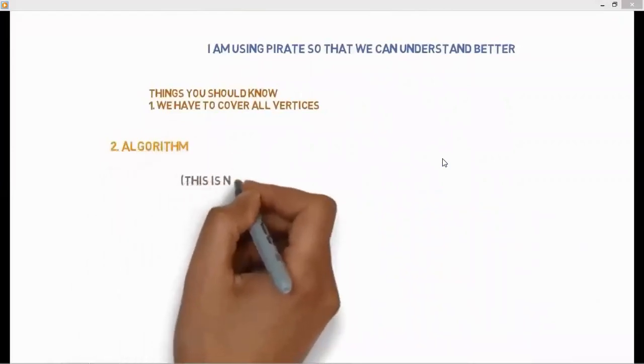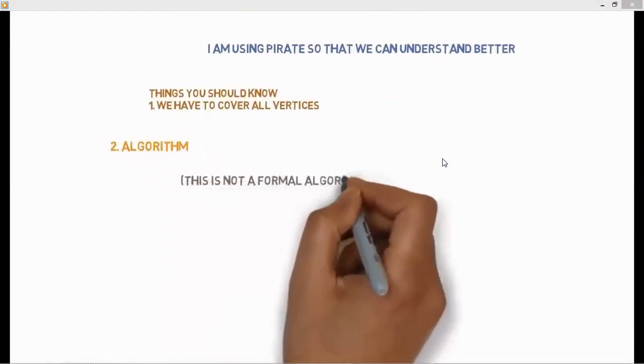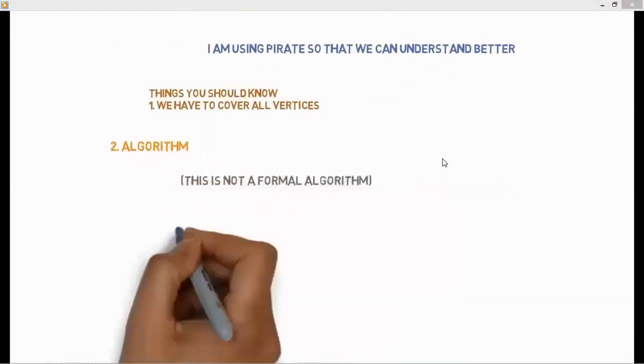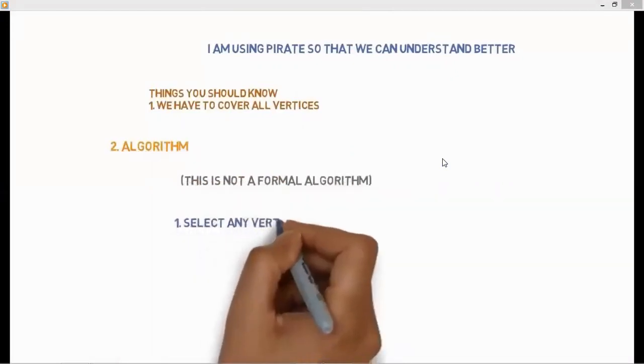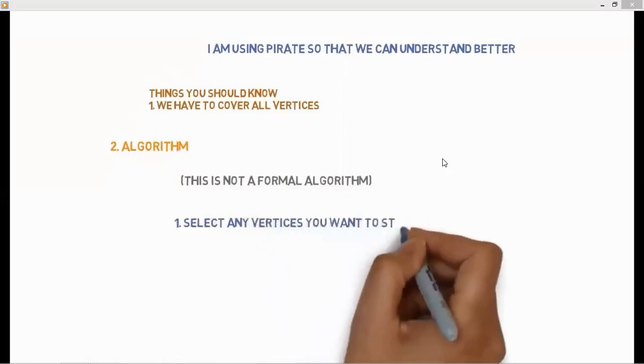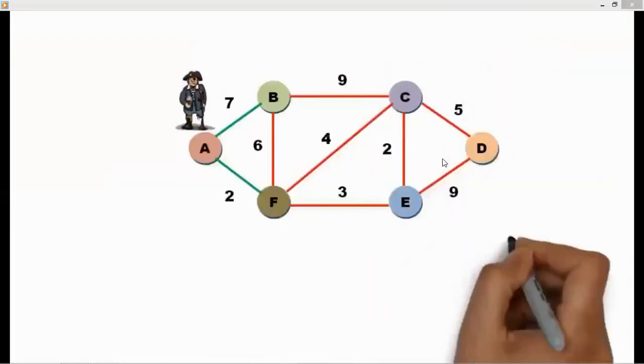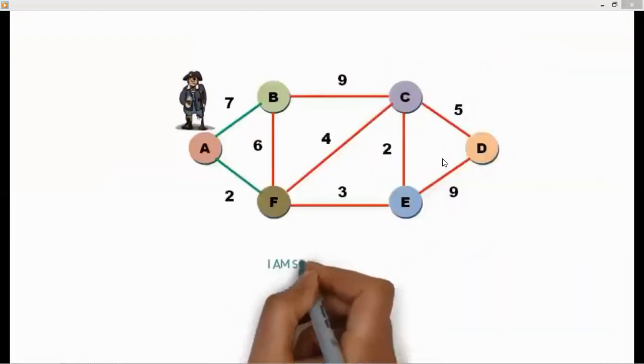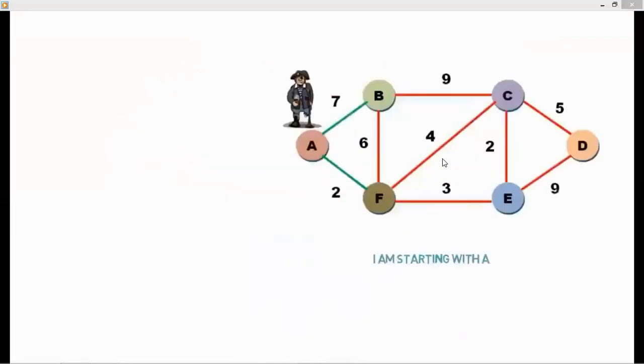Everyone knows that we have to cover all the vertices without forming a loop. This is the same as Kruskal's algorithm.